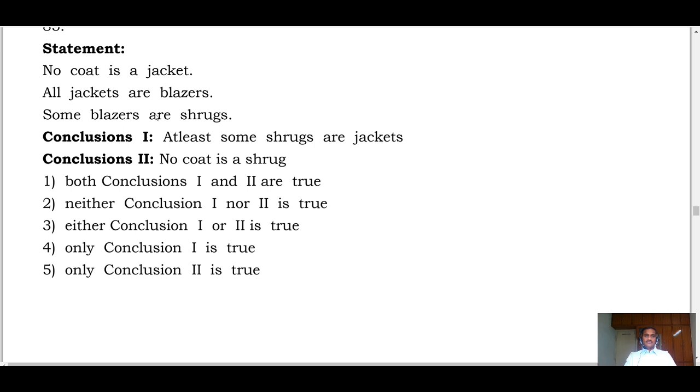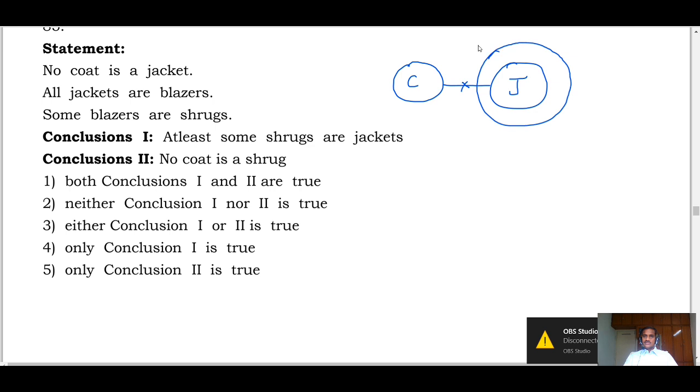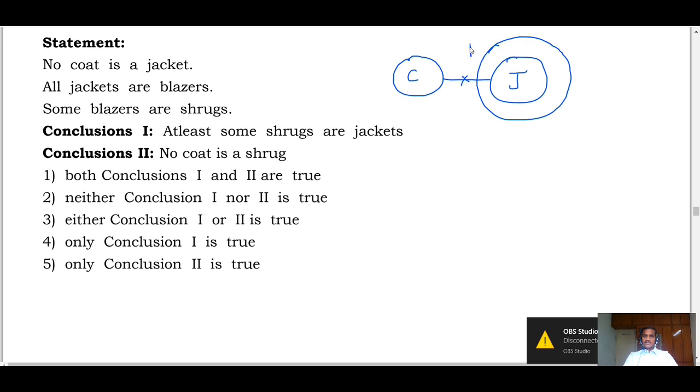Now in this 85, no coat is a jacket. Now this is coat and this is jacket. No intersection between coat and jacket. All jackets are blazers. And some of the blazers are structs. Some blazers are structs. Some structs are jackets: jacket is here, no intersection between these two, so that is false.